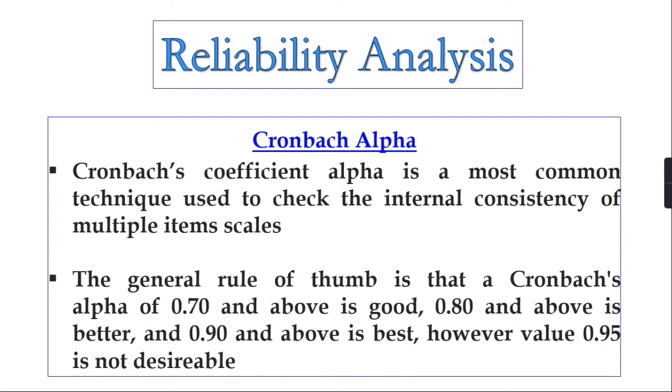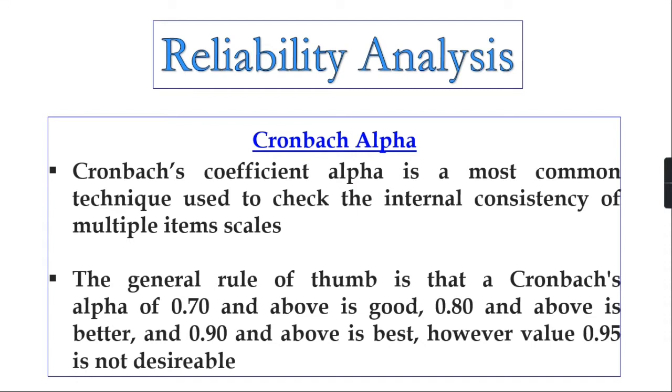The third most important method to analyze reliability is coefficient alpha, which is called Cronbach alpha. We use the Cronbach alpha technique to check the internal consistency of a multiple item scale. The general rule of thumb is that a Cronbach alpha of 0.70 and above is good, 0.80 and above is better, and 0.90 and above is best.